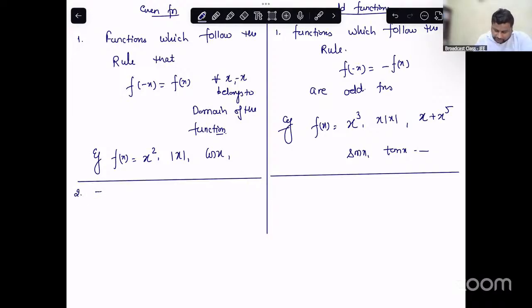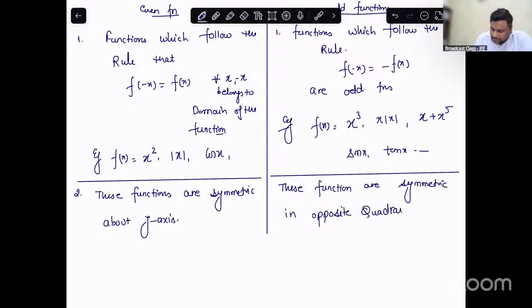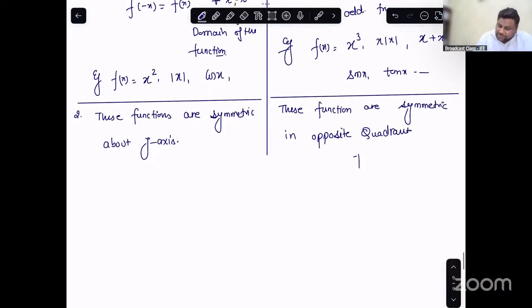Now, these functions are symmetric about the y-axis. Here, these functions are symmetric in opposite quadrants. Do you understand the meaning of symmetric in opposite quadrant?